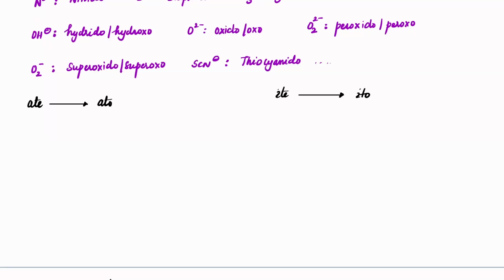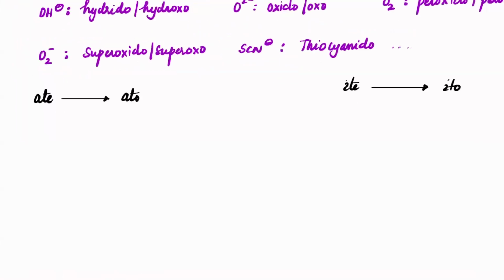Higher oxidation states, we always get this as ate. So if you have sulfate as a ligand, which is SO4 2 minus, what will that become? Sulfato. Got it? Similarly, NO3 minus, nitrate, will now become nitrato.